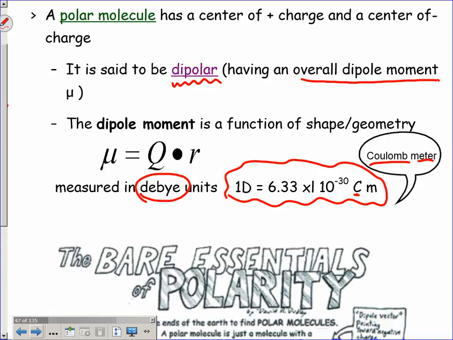We already know the electron group geometry. It's tetrahedral. So it wants to be at what angle apart from each other? 109.5. But then that lone pair is repelling all the bonded pairs, squishing them together a little bit more. So what's the true bond angle? 107.